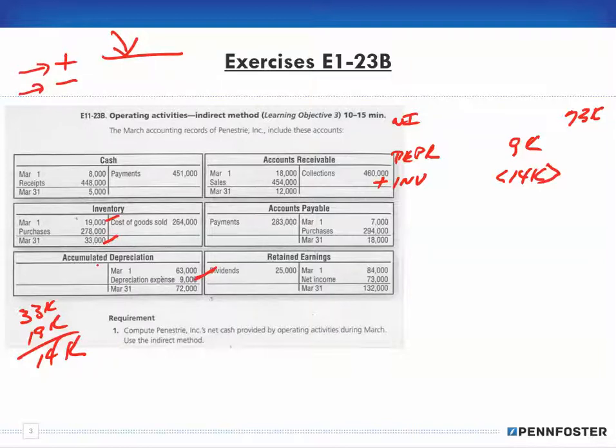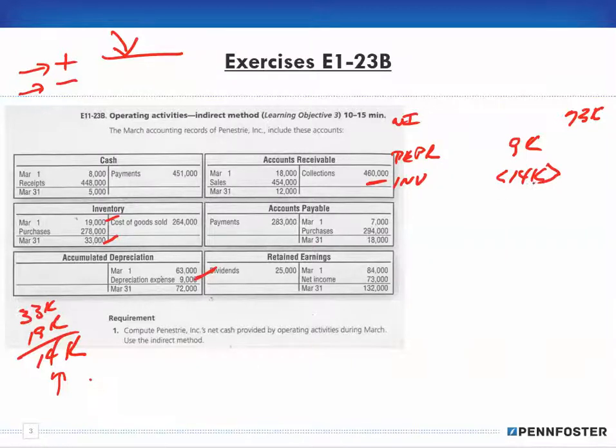In this case, our inventory increased by 14,000, so I should have made that a minus sign right there. We actually have to subtract that out.